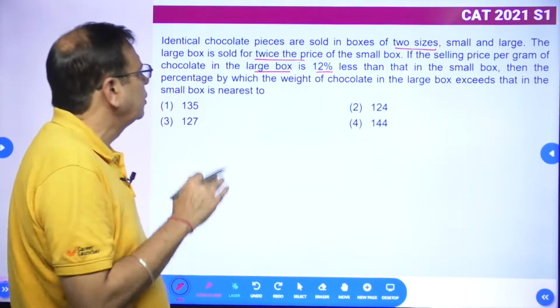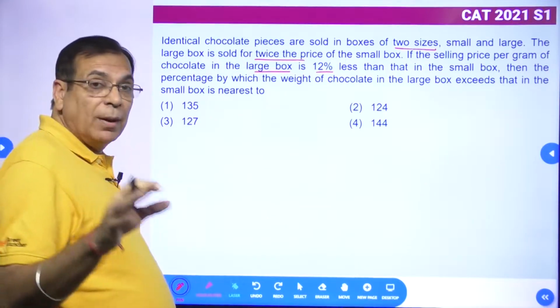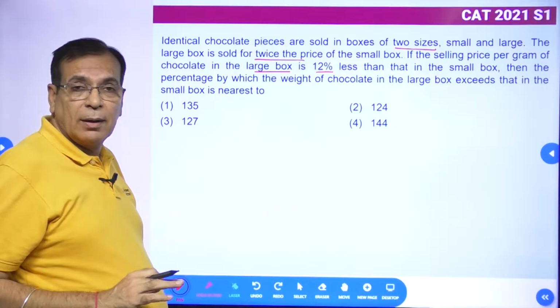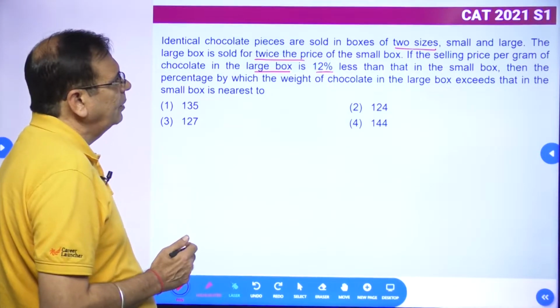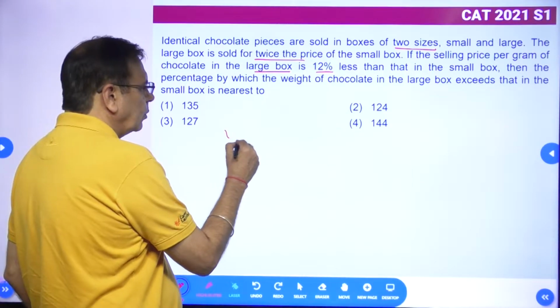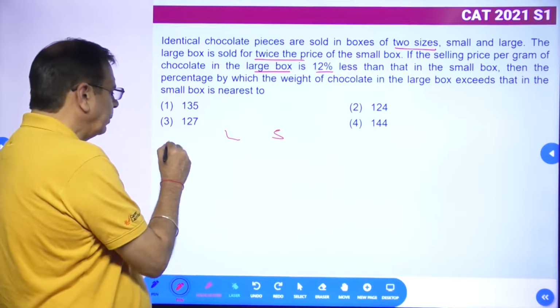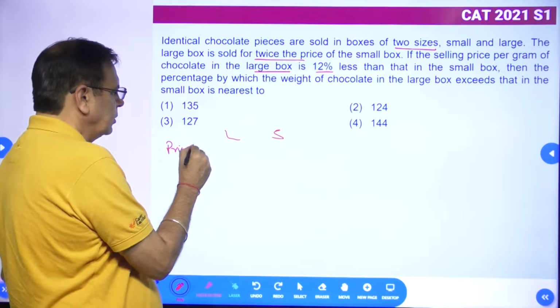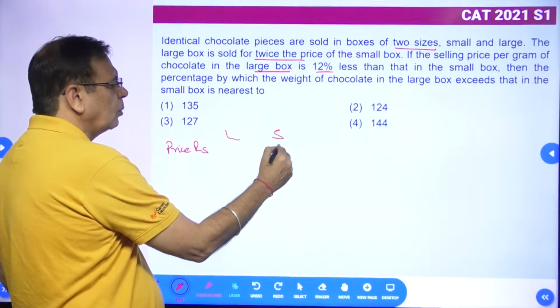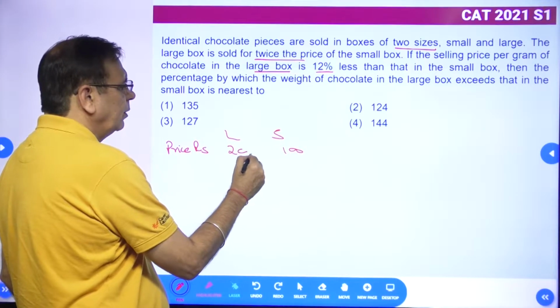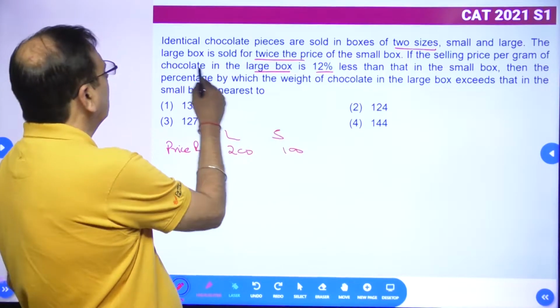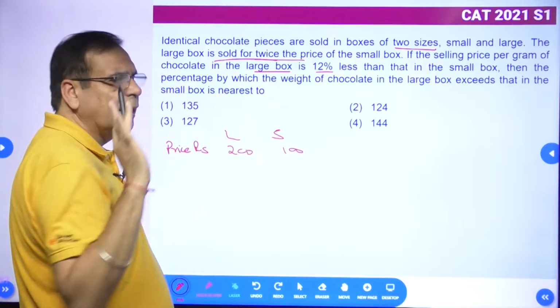Now let's do this question using my method, which is using numbers and this calculation technique. Now we have the large box and the small box. What is the price? I will say let the small box be 100 rupees and the large box 200 rupees, because the large box is sold for twice the price of the small box.